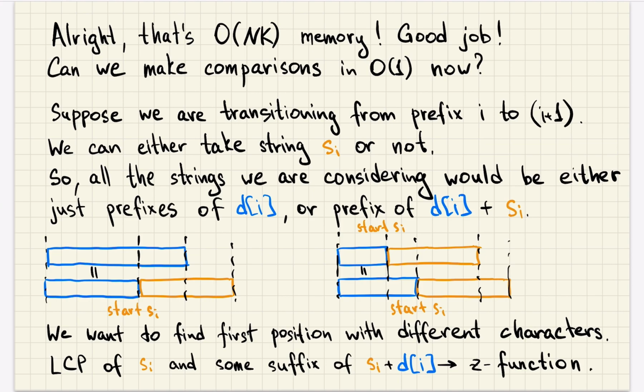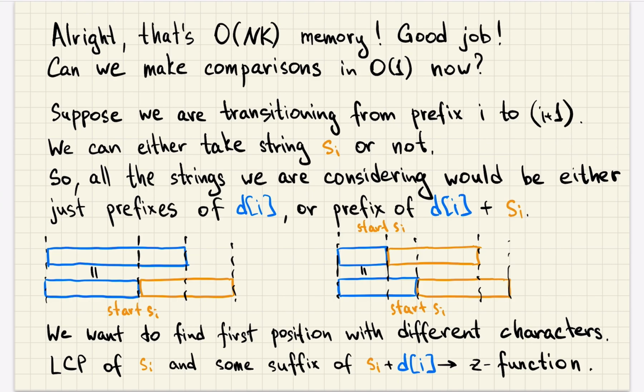The second issue is that comparisons are slow. We have to compare strings to understand which transitions to make, and comparison of strings is slow, takes linear time. But we now understand that all the strings we want to compare have a special structure.